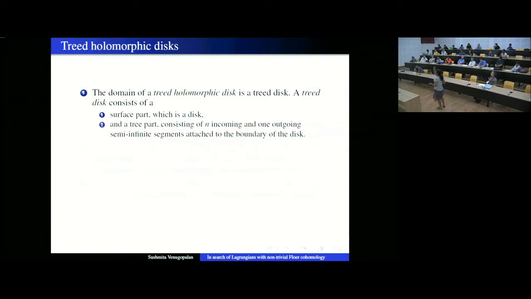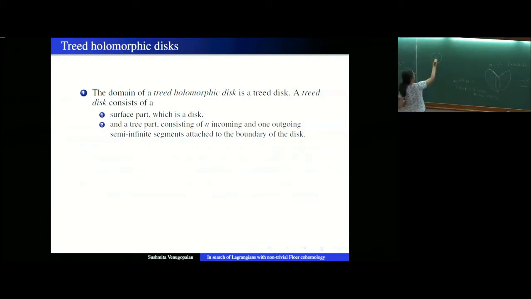The domain of these treed holomorphic disks are called tree disks. So this consists of a surface part, which is a disk, and a tree part, which are just semi-infinite line segments. So a tree disk looks like this. It has a surface part and a tree part, which is a semi-infinite line segment. Some inputs and a single output. So this is what a tree disk looks like.